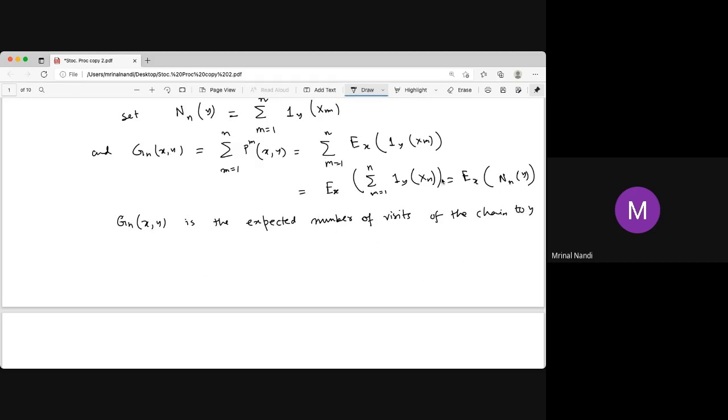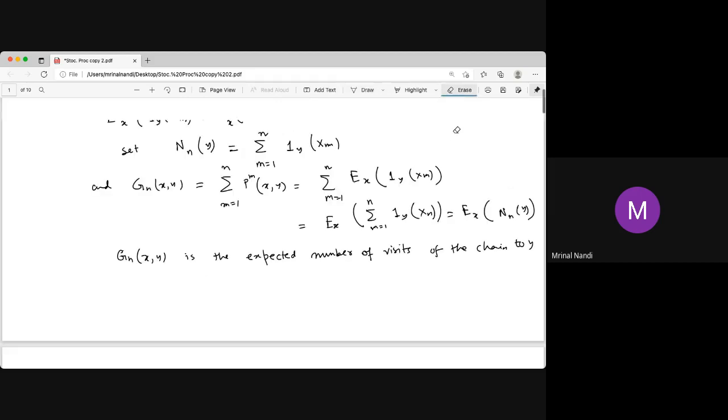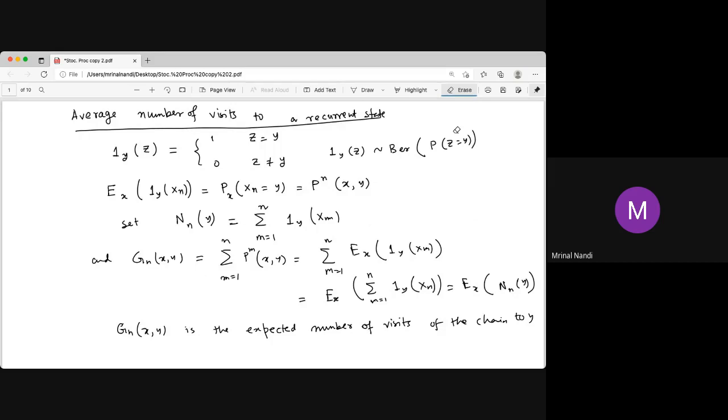Because it is just the expectation of that number. Remember what is 1_y(X_m)? It is 1 if X_m is y.